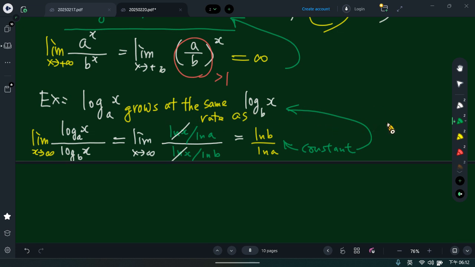Okay? And as for section 8, if you check out the textbook, you can find this section also includes small o and big O. We will bypass this part because small o and big O are used to evaluate the complexity of algorithms.